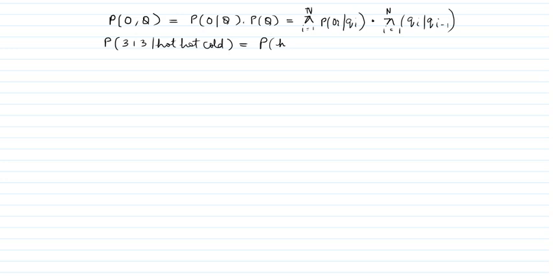So I am representing it by hot given start, which means this is actually the initial prior probability, dot P of hot given hot dot P of cold given hot dot probability of 3 given hot dot probability of 1 given hot dot probability of 3 given cold, right?